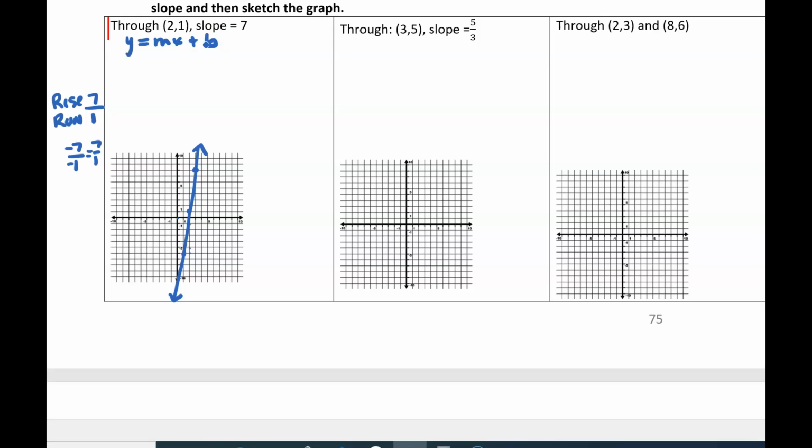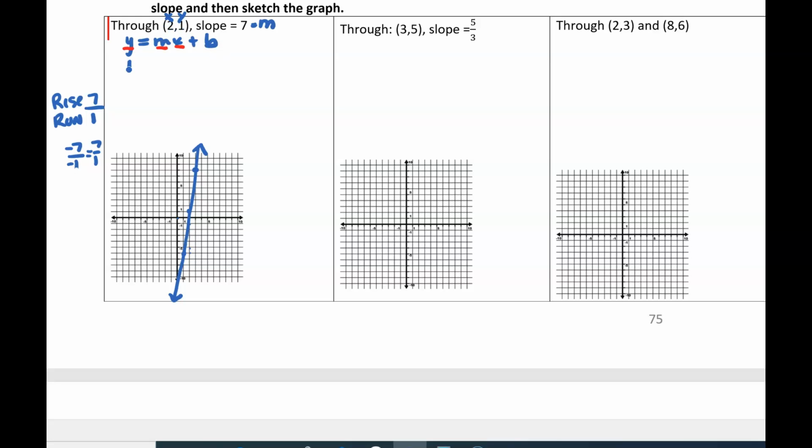The first thing we're going to do is plug our point in. The 2 is our x coordinate, the 1 is our y coordinate, and the slope 7 is going to be our m. We're plugging in numbers for y, m, and x, and that will leave b all by itself to be solved for.